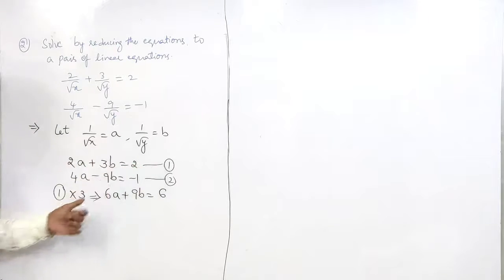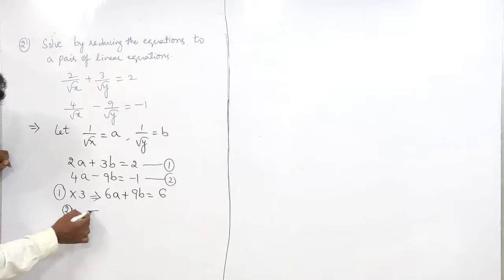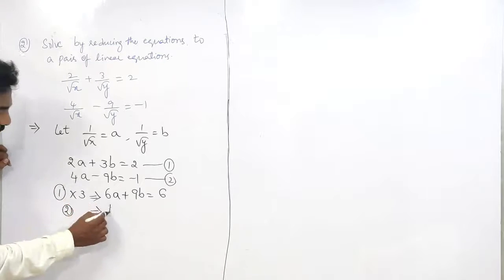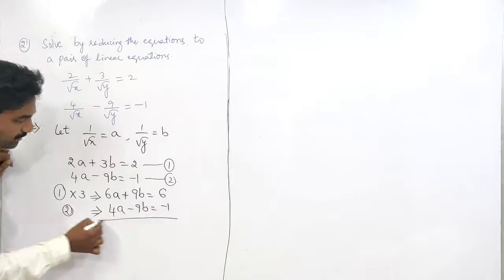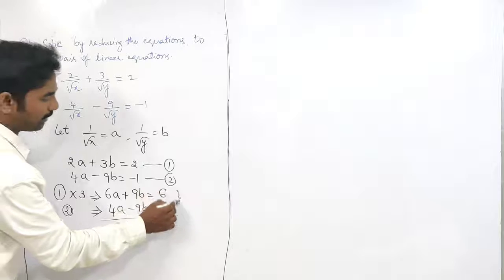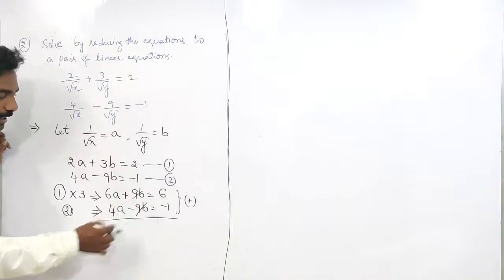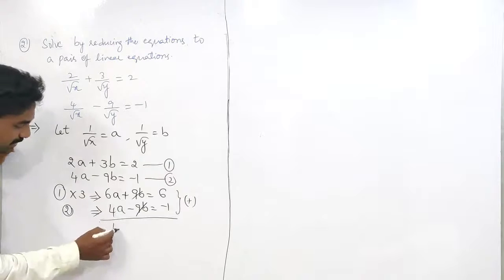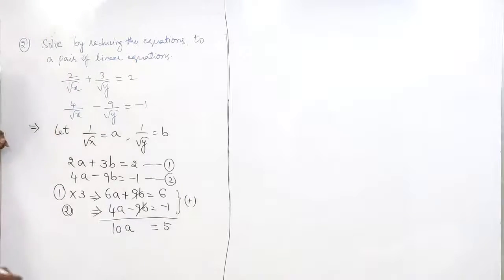Multiplying the whole first equation by 3, and writing the second equation as it is: 4a minus 9b is equal to minus 1. I am adding these two equations so that 9b gets cancelled. 6 plus 4 is 10a, 6 minus 1 is 5.